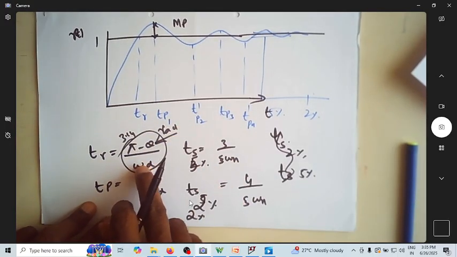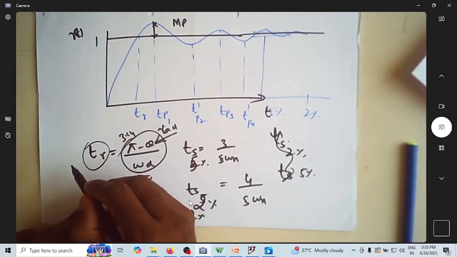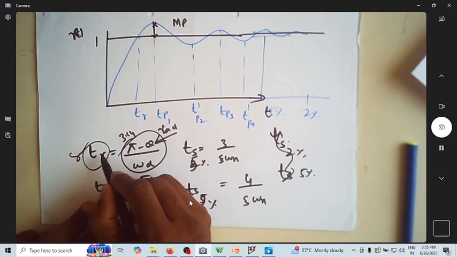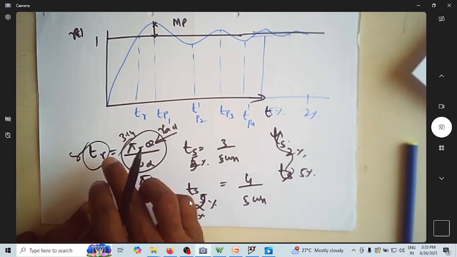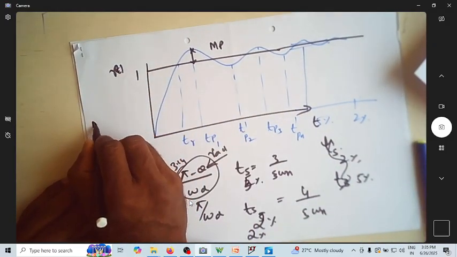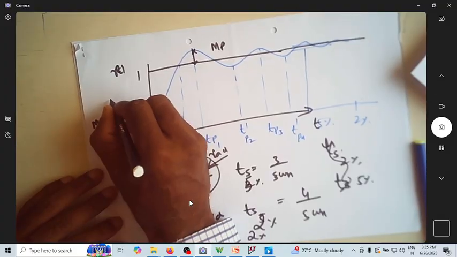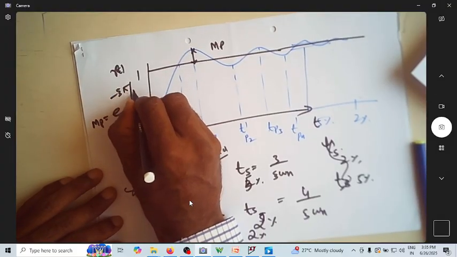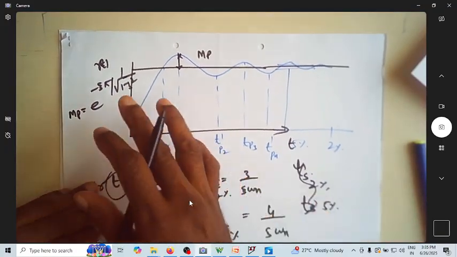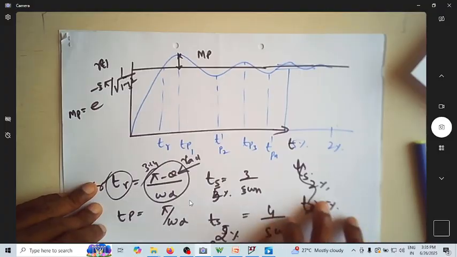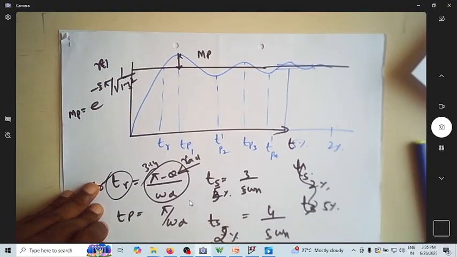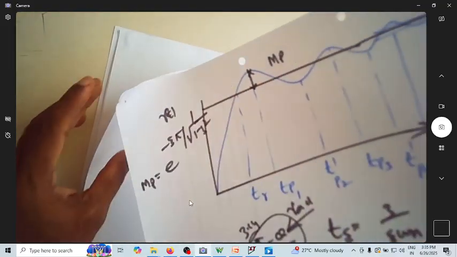Here it is radian per second, so this will become in terms of seconds. Suppose you substitute theta in degrees itself, then you'll end up with some negative value, which is not valid. Again, we have the MP expression. MP is given by e power minus zeta pi by root of 1 minus zeta square. So these are all very standard equations for the time response of a second order system.